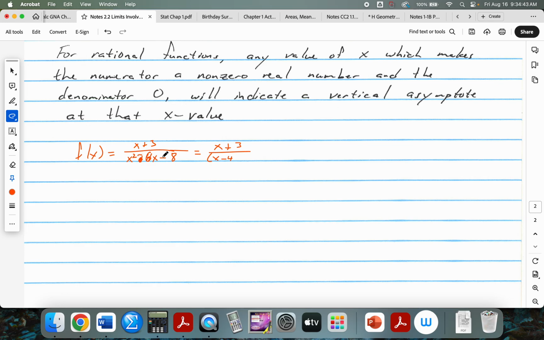This is why I don't make these up off the top of my head. x minus 4, x minus 2. So this has a vertical asymptote at x is equal to 4 and at x is equal to 2. And the reason for that is as we approach 4 or 2, my function is either going to go up infinitely or down infinitely, right?